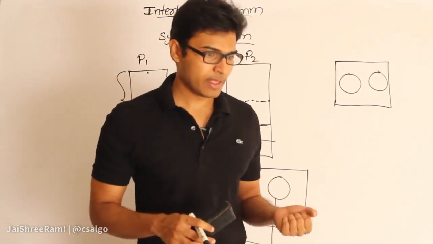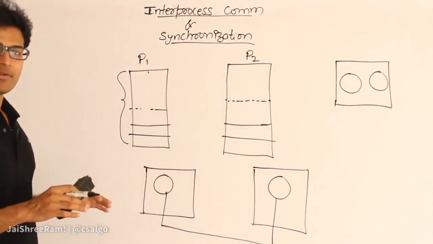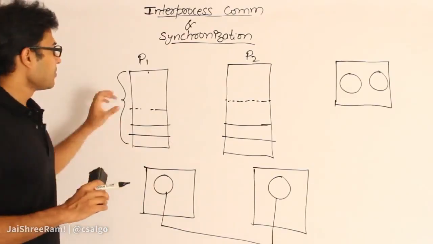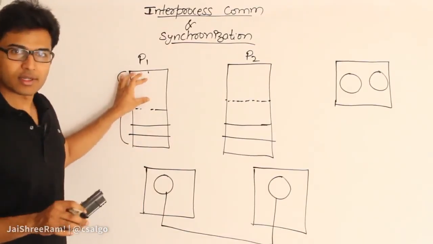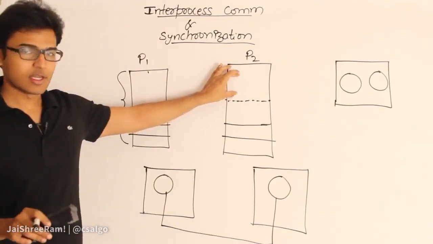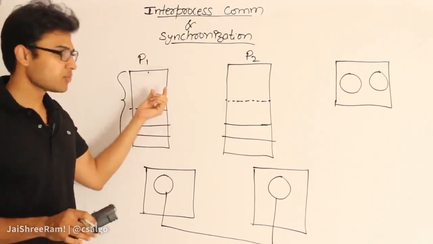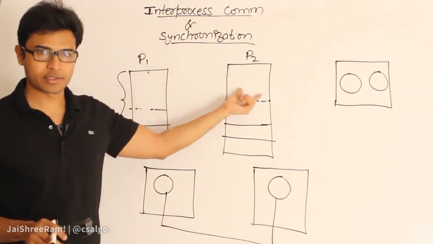For example, maybe I have some task and I divided it in such a way that P1 will do some work and then P2 will do some work: P1 will finish its work and then P2 will take the output produced by P1 and work on it.